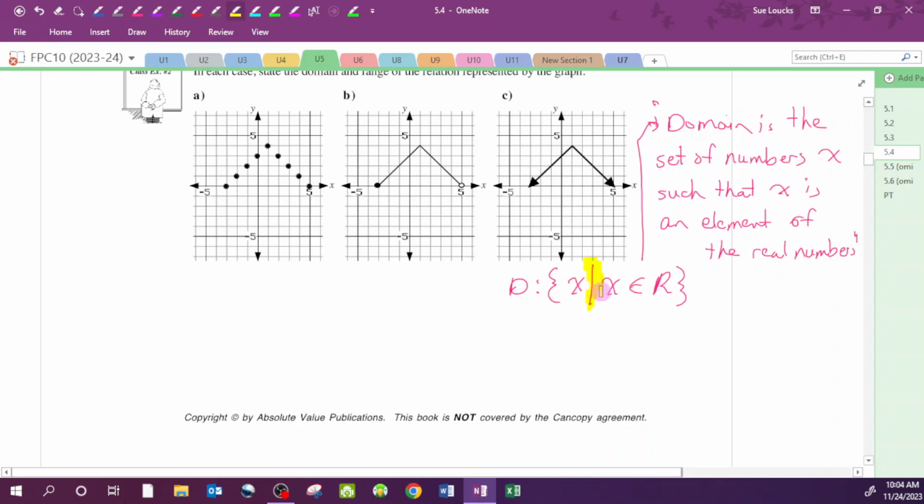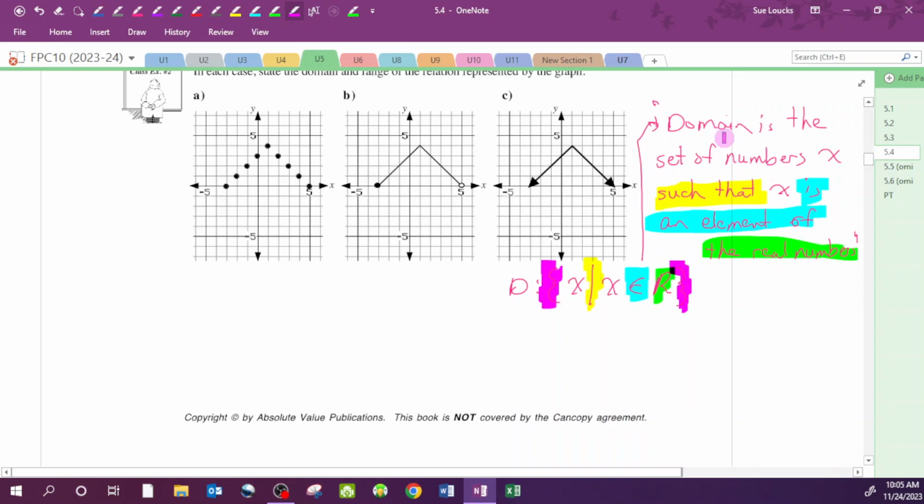The such that is that horizontal bar or vertical bar. That means such that. And then here's the is an element of. And then the R here is the real numbers. Okay, so that's how we read that. Okay, and I can put the brackets, which covers up my highlights, but that means is the set of numbers. Okay, that's what the brackets mean. Clear as mud, I know.